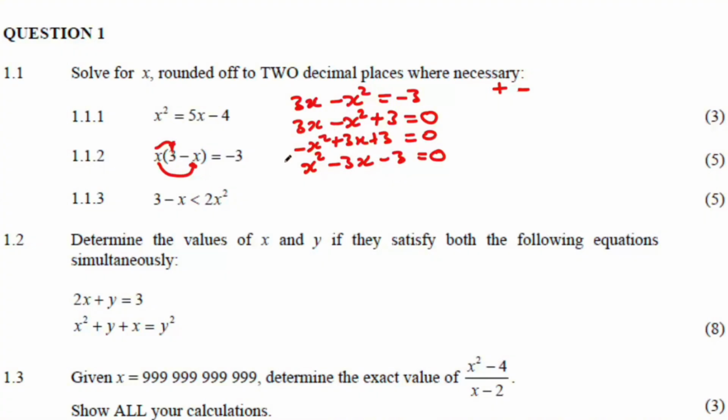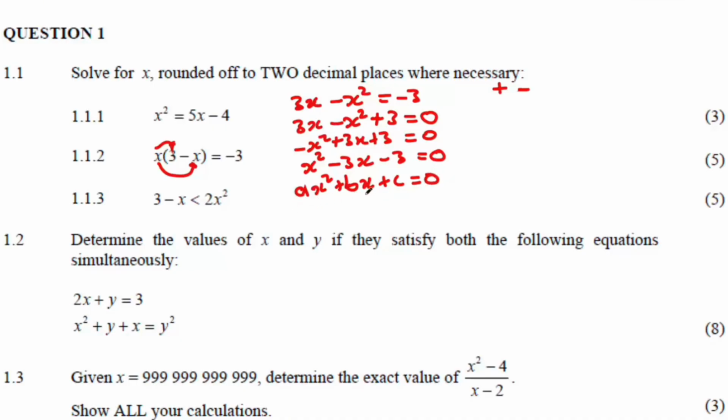So there's another method, all right? This method works like this. It's called the quadratic equation. It says ax squared plus bx plus c is equal to 0.